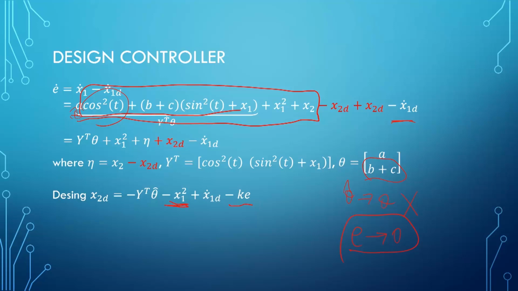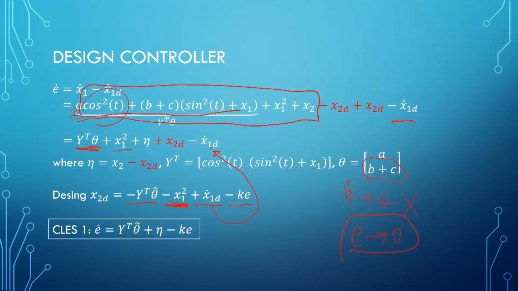This is the nonlinear term to cancel out another nonlinear term here, and this adaptive term deals with the unknown parameter terms. And x1d dot is a feed-forward term. Then we can obtain the closed-loop error system by substituting the virtual control input into the open-loop dynamics.